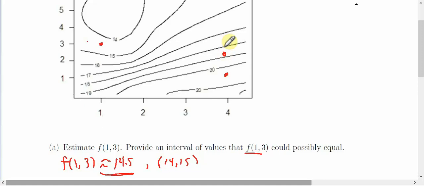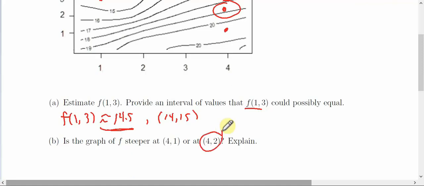We can see it's changing more quickly here. You're hitting these lines. These lines are closer together, and so it's got to be steeper at the second point there, the 4.2. So the explanation was because of how close these lines are together and the fact that this is sitting between two 20s.